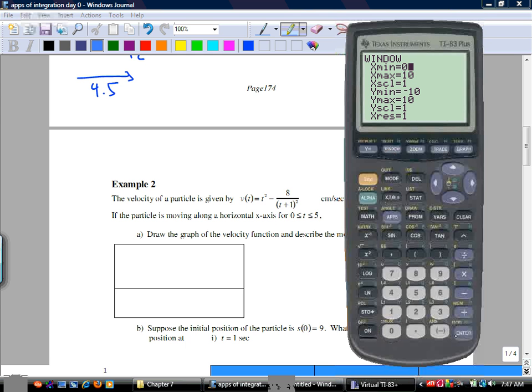Window 0, enter. Make my window bigger. Okay, so I guess we should find out when the particle is moving left, when it's moving right, and when it's stopped.